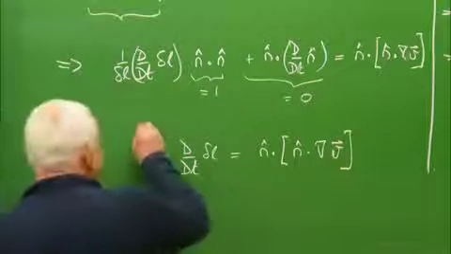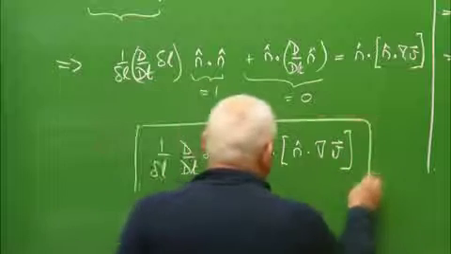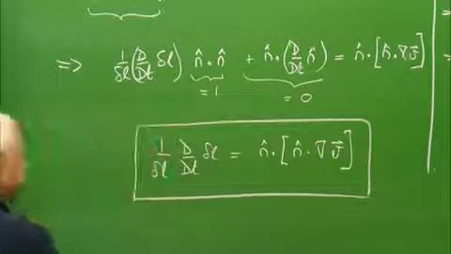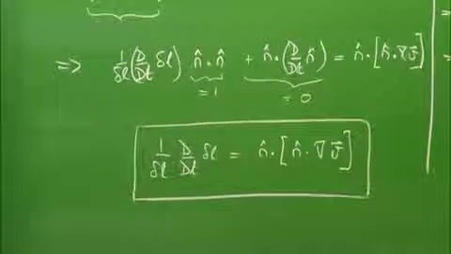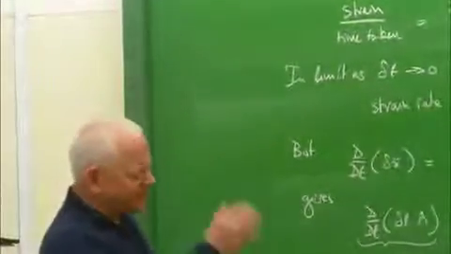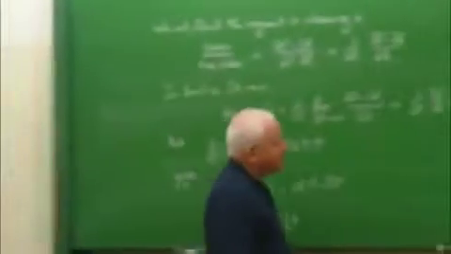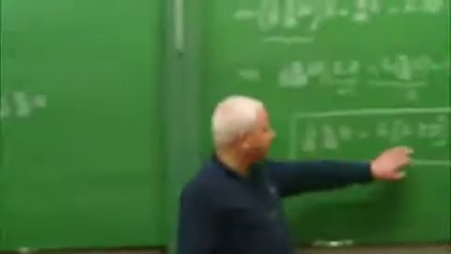But here it is. This is the result that I want. In other words, the rate at which the vector field strains, the rate at which the fluid strains, is completely determined by this gradient of the velocity field.